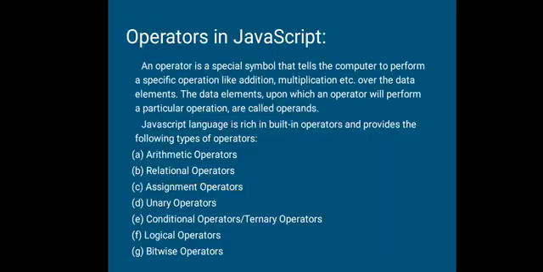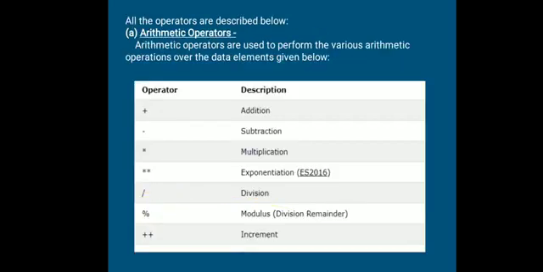A unary operator means an operator which is applied on only one operand. Increment and decrement operators come under the unary section. Increment increases the value by 1, decrement decreases the value by 1.